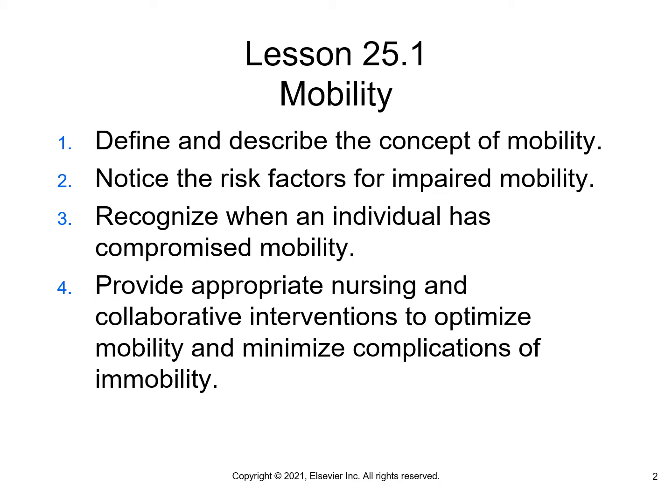But before this, know what puts a person at risk for impaired mobility, and what the consequences of immobility are on every level, in every system in the body, and what you can do as a nurse. What are some of your roles? You'll see there is so much collaboration in this role, but there are also safety considerations that we will talk about.